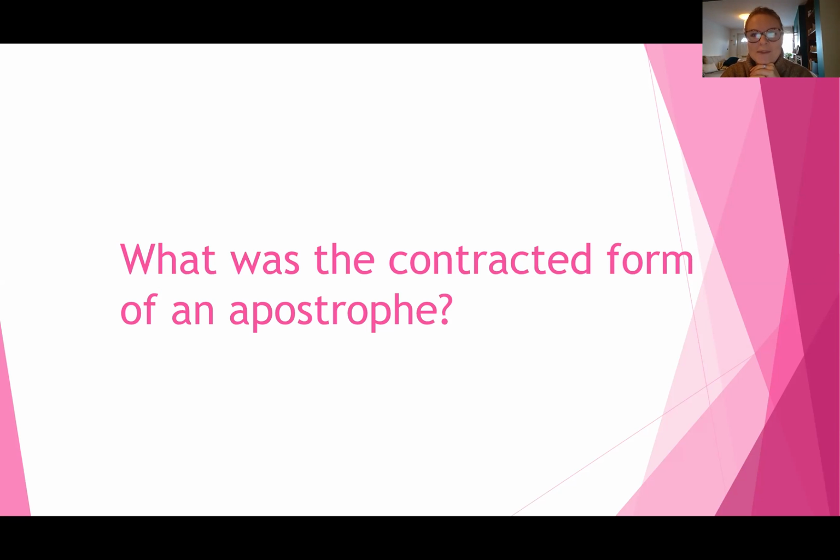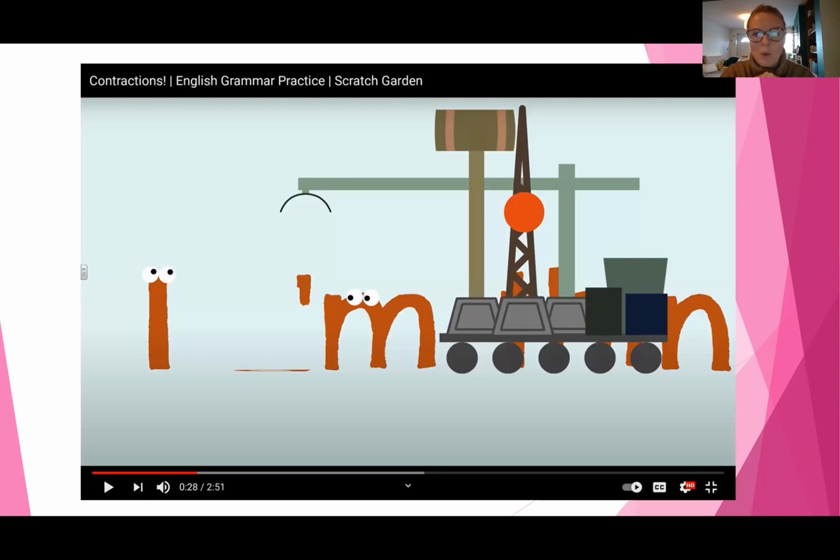I hope that you said that it is when 2 words join together to make one new word, and the apostrophe is used to get rid of some of those letters and make it shorter. So you watched this video, which I hope you enjoyed.